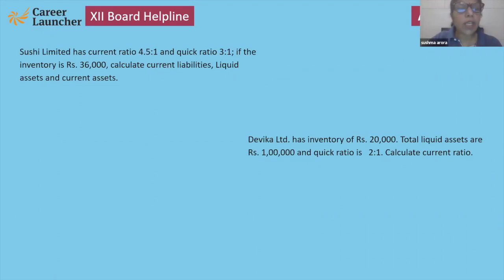I'm sure you all are doing it. Am I audible now? See, you can do it this way. Given current ratio is 4.5:1. Liquid ratio, quick ratio means liquid ratio, that is 3:1. And inventory is given.